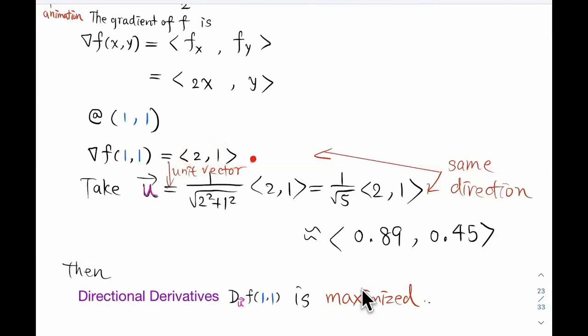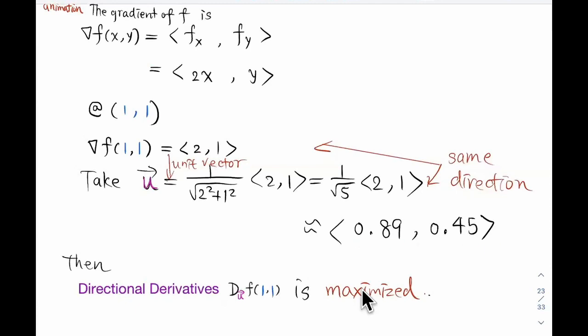Divide by its magnitude, right? The magnitude of this is the square root of 2 squared plus 1 squared, which is the square root of 5. So I take the gradient vector, divide by its magnitude, then I get a unit vector in the same direction as the gradient. These two have the same direction. This is not a unit vector, this is a unit vector, okay?